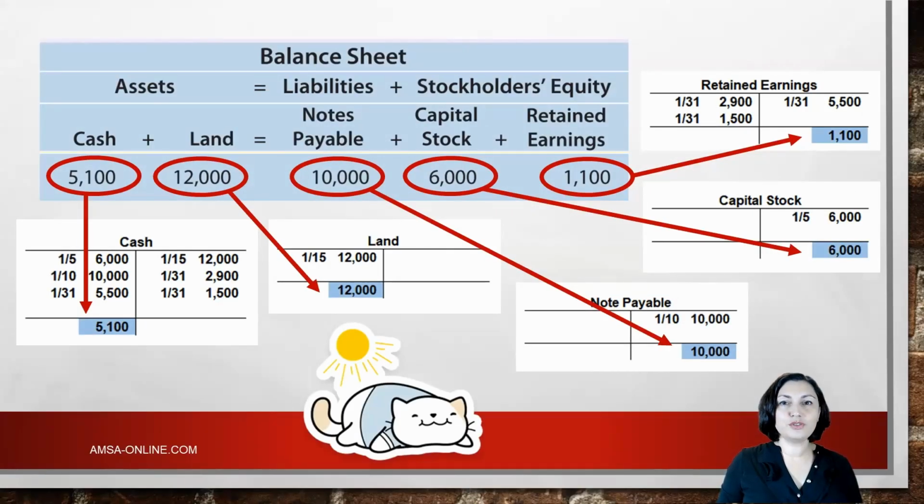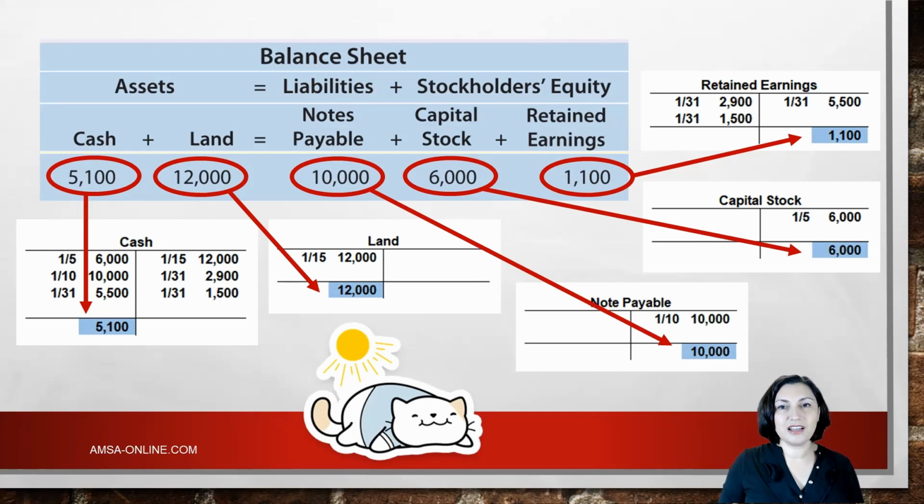Now that we have all transactions in ledger accounts, let's get back and review the accounting equation. Note that all assets balances are on the left or debit side of the T accounts, and all liabilities and owner's equity balances are on the right or credit side of the T accounts.